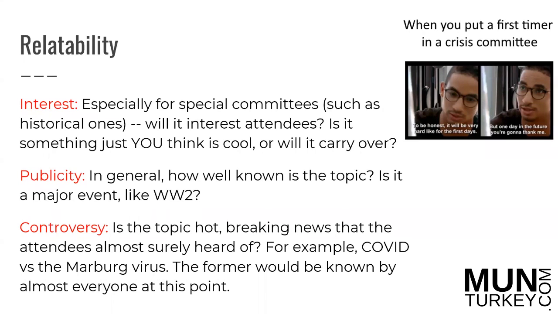So chances are, if you do it, people are going to go, oh, I've been part of this. Maybe. So you don't want that. You want something unique, interesting that people haven't done before for your agenda items and committees.